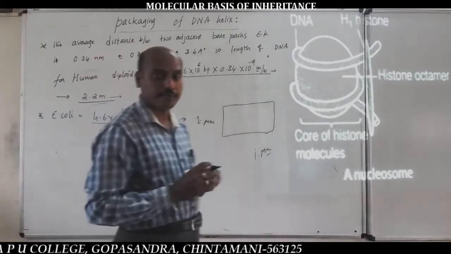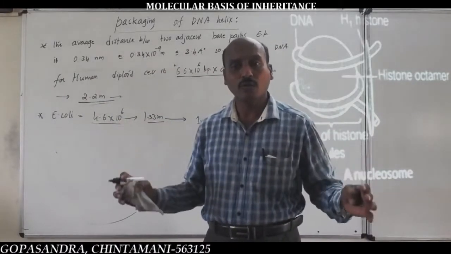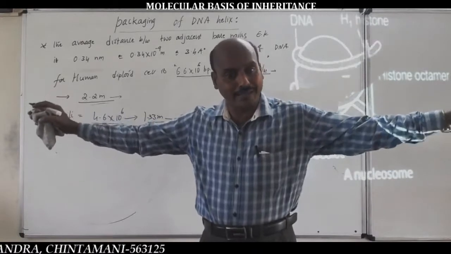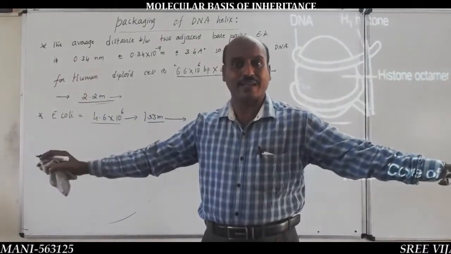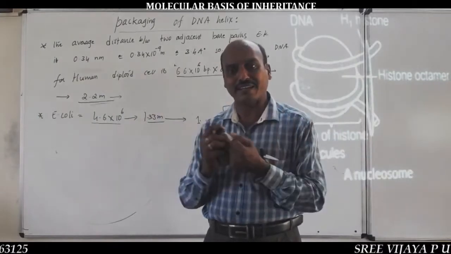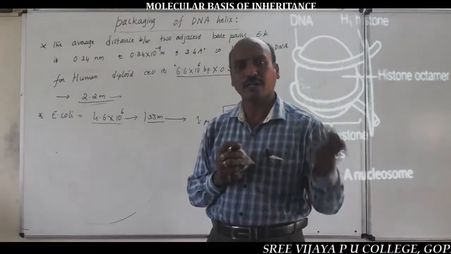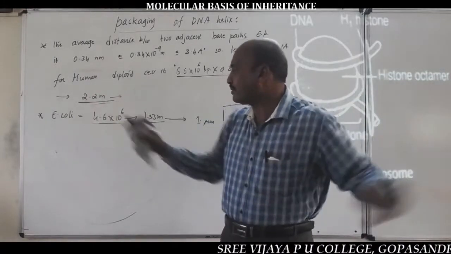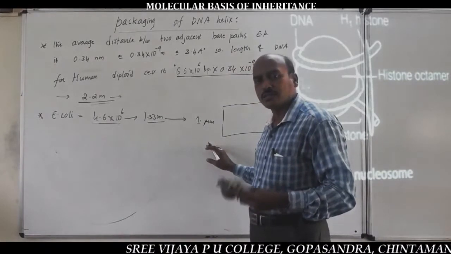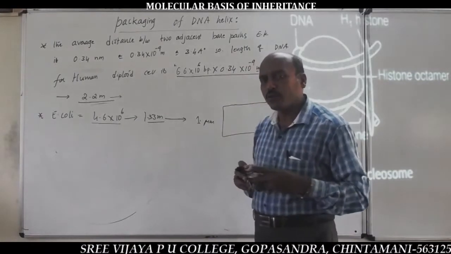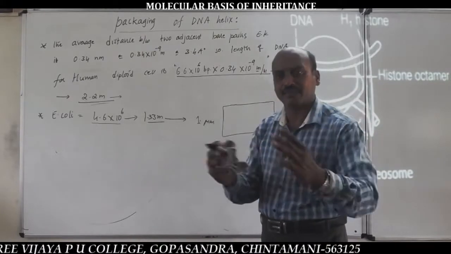So, here one simple question arises: how does the longer DNA get accommodated inside the nucleus in prokaryotes or eukaryotic cells? The solution is only packaging or compaction.